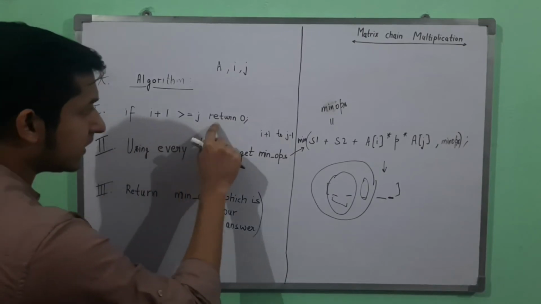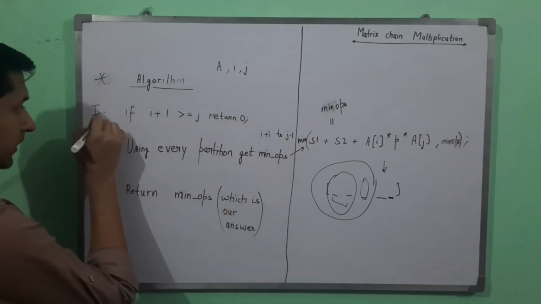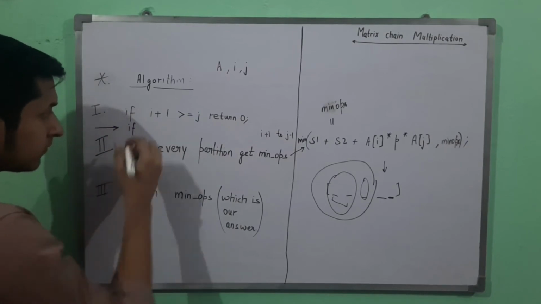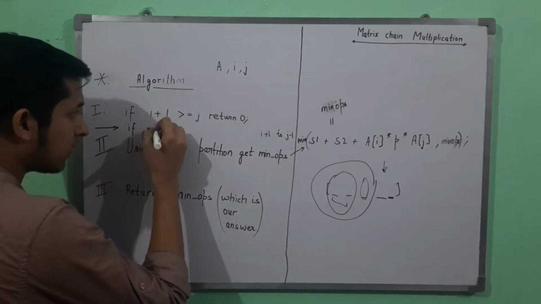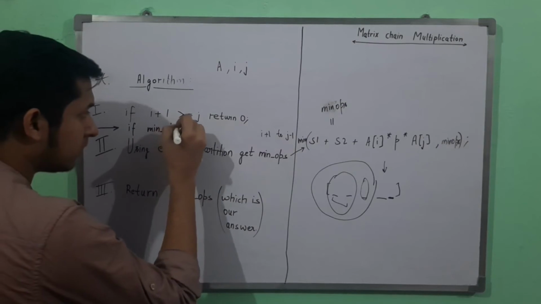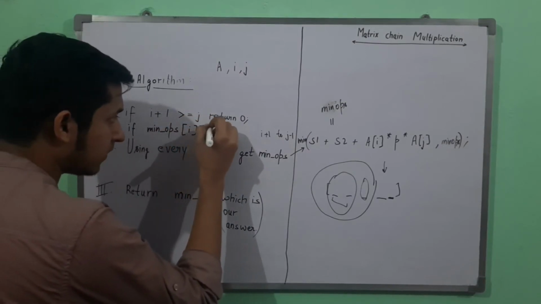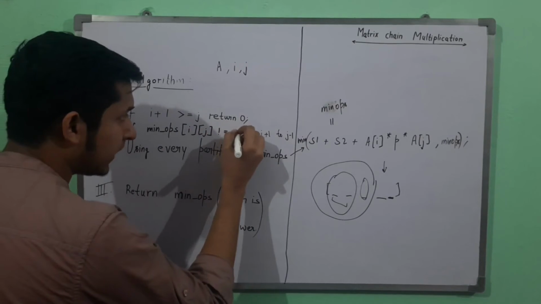If this is the case, then return 0. There will be an addition: if min ops for i, j is not equal to -1, then return it.